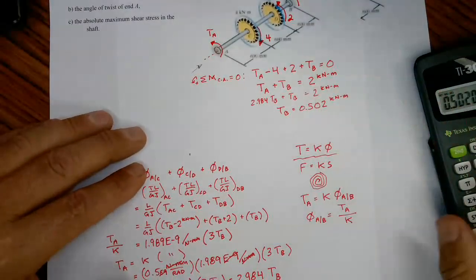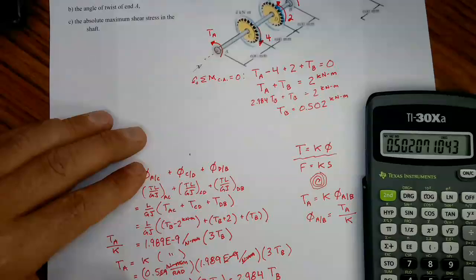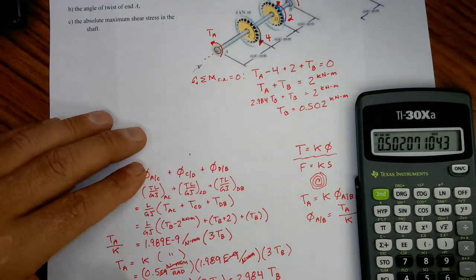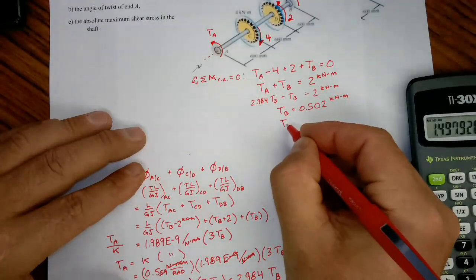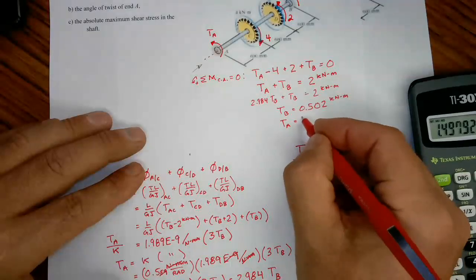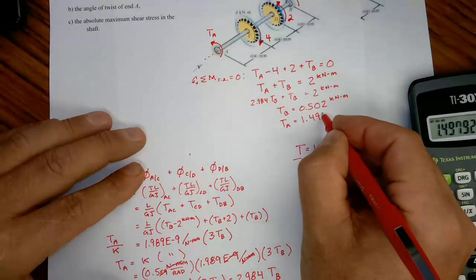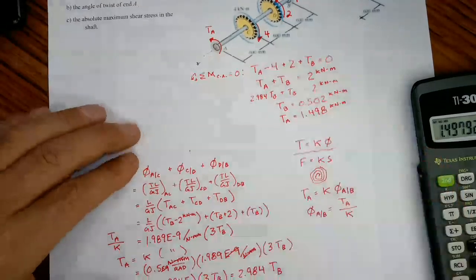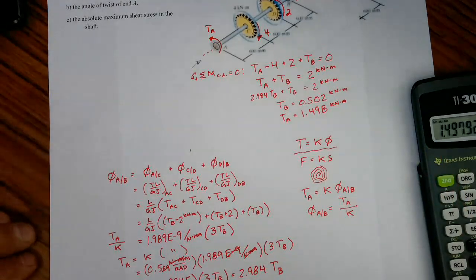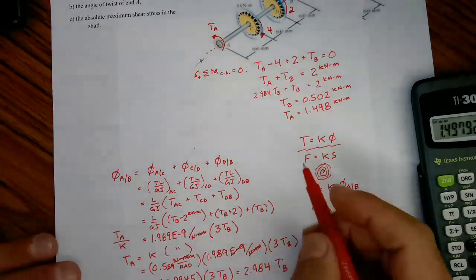This one looks a lot easier, and solve for TA. So make that negative and add 2, and we get 1.498. TA equals 1.498 kilonewtons. So part A is done.